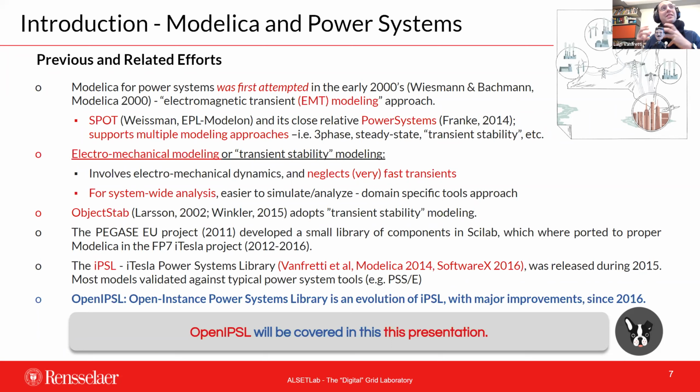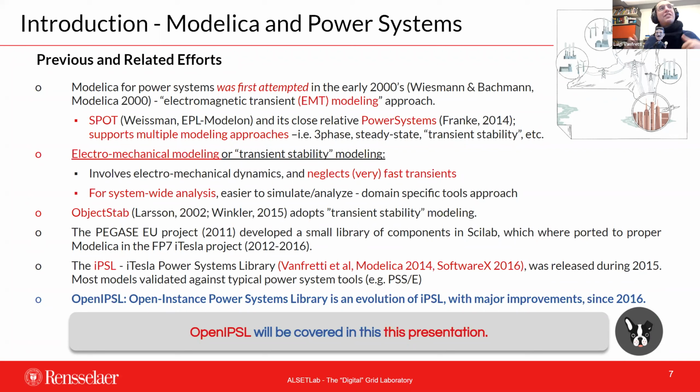The issue with this is that it takes advantage of all the powerful features of the language, which means you can do everything with it, which is hard for people to understand in some cases. So if we take a step back on the level of detail of modeling, libraries have been developed, including mine, for electromechanical modeling, the so-called transient stability analysis.